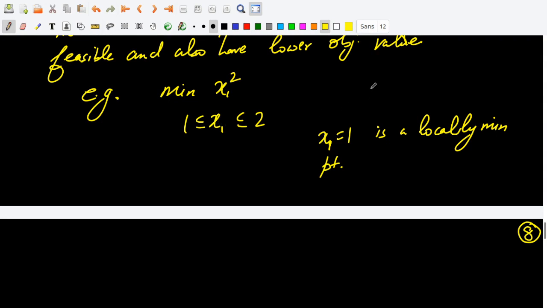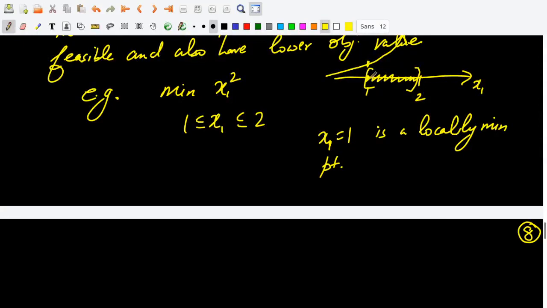So geometrically, I am in only one dimension. I am constrained to be on this line segment, and my function value is going up from 1 to 2.